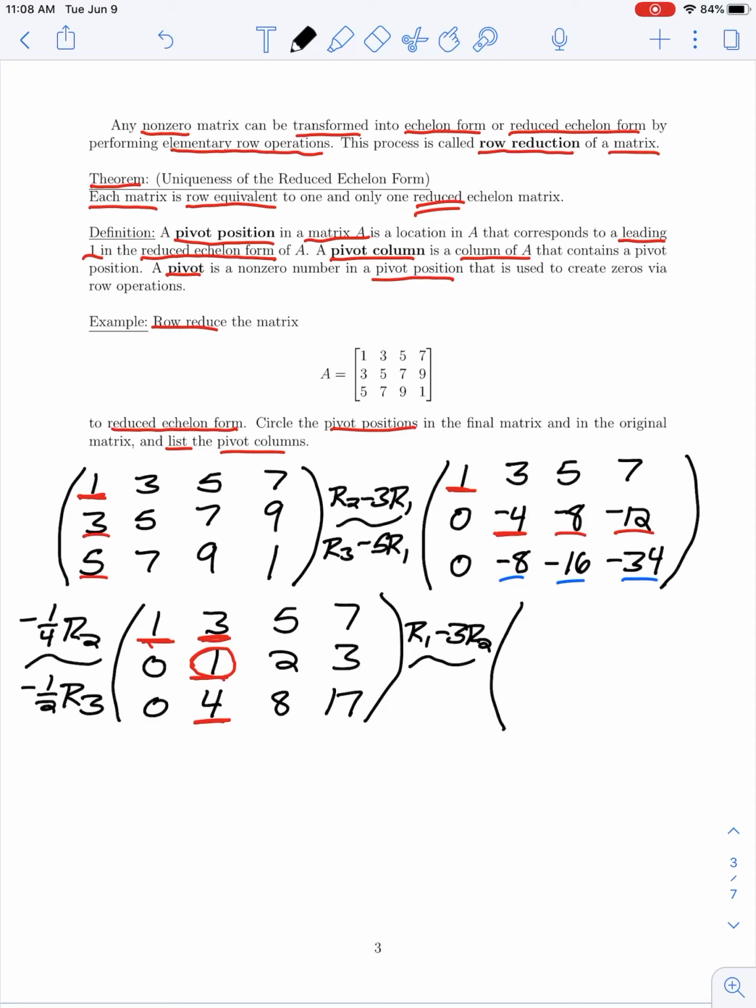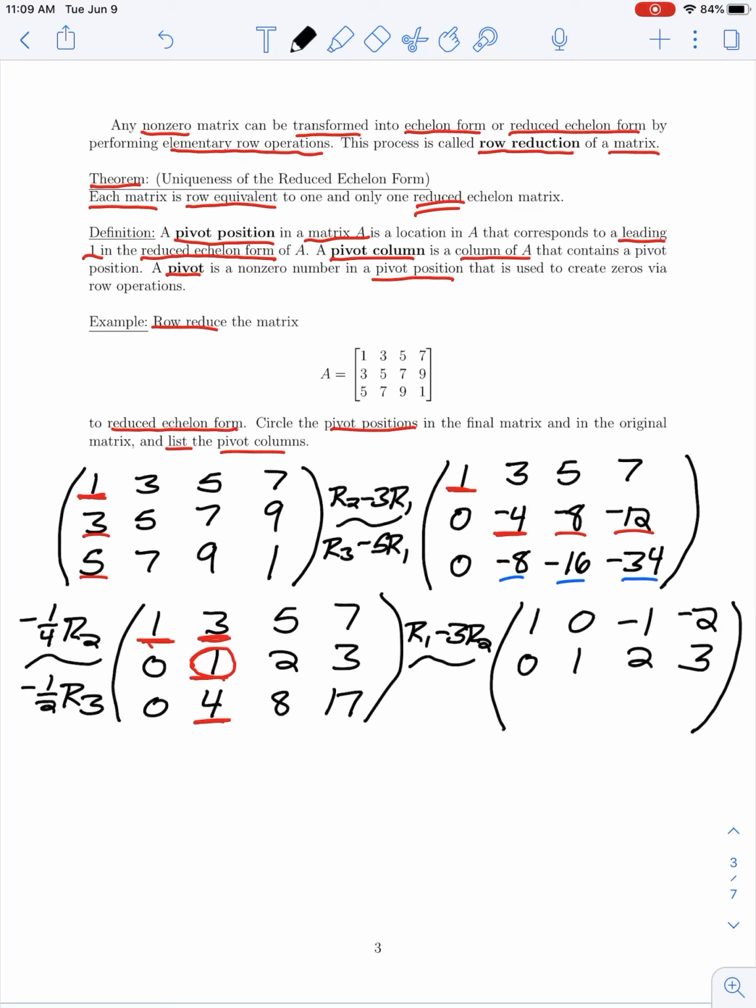Performing this operation, my first row reduces to 1, 0, -6 plus 5 is -1, and then we have -9 plus 7 is -2. Now my second row I'm going to leave alone for now. We have 0, 1, 2, 3.